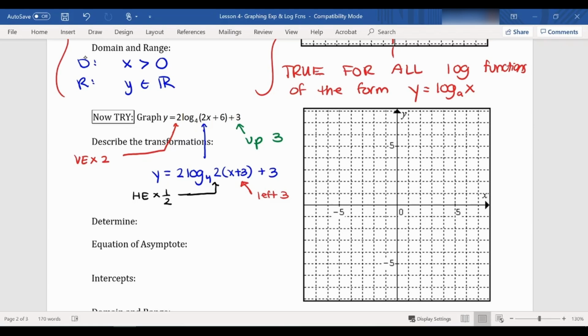So my very base function is the one we just drew above, which looked like this. We had another hidden one over here. This point here was (16, 2), way off the grid. Okay, so this is y equals log base 4 of x. That was the very original basic graph, no transformations.